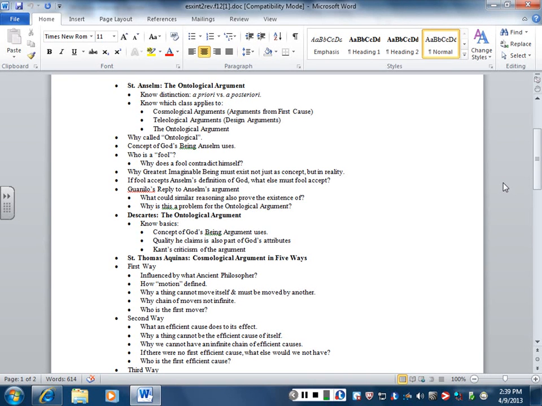Well, Paley says, the watch, unlike the stone, has parts that seem to function together to serve a telos, to serve a purpose, right? And of course, it's an argument from analogy. It says, well, okay, look at things like the human eye.